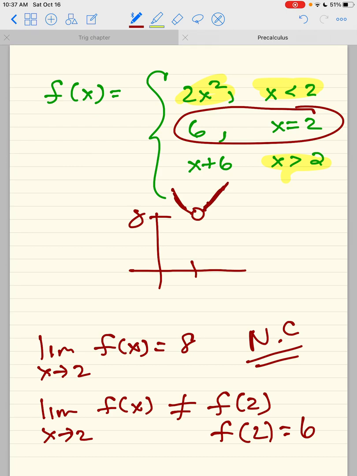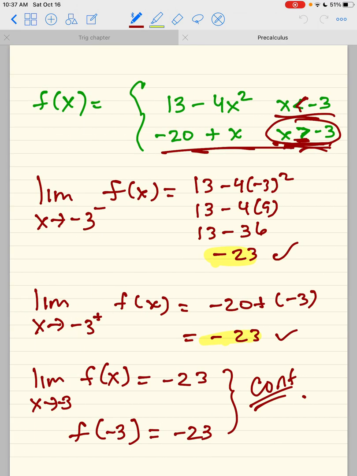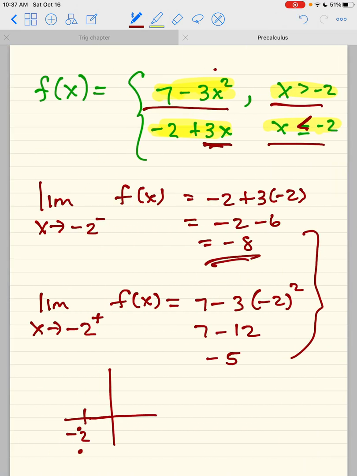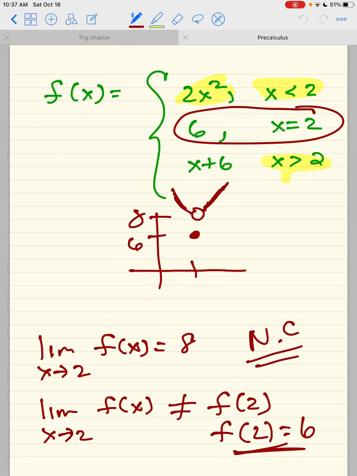This is a line. Great. And then there's a dark circle at 2, 6. So that's what that looks like. So that means there's a hole. When the limit exists, but it's not filled in, there's a hole. When the limits don't match, like this, -8 and -5, it means it's a jump. Okay?